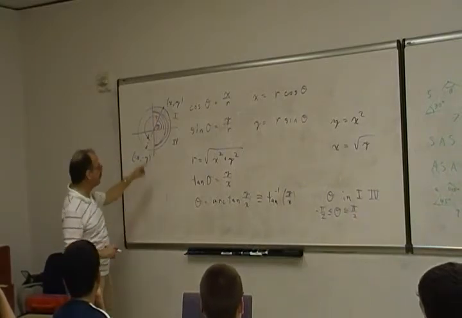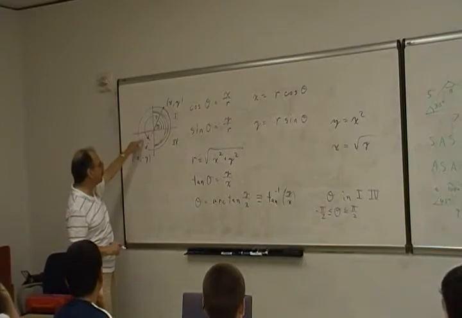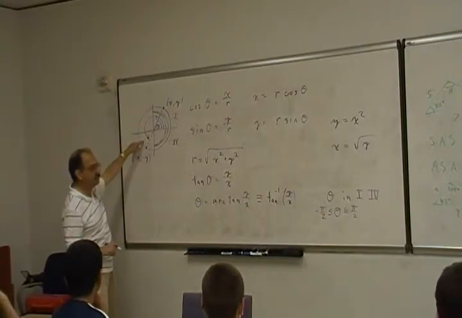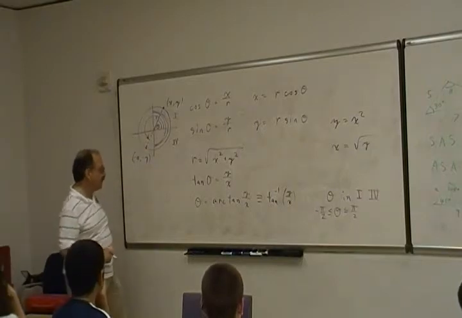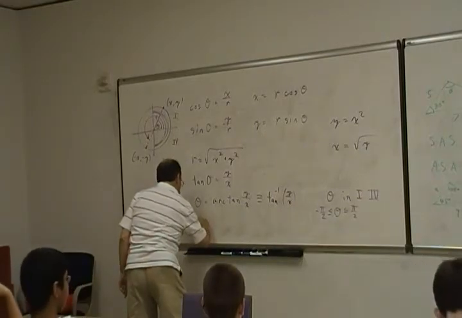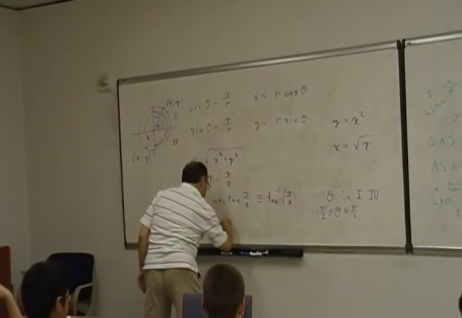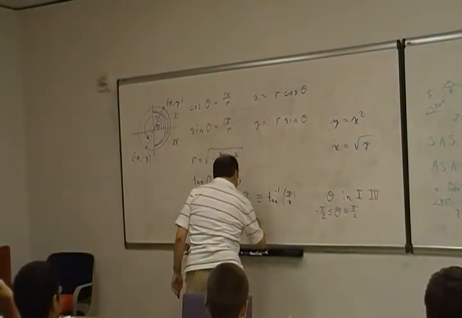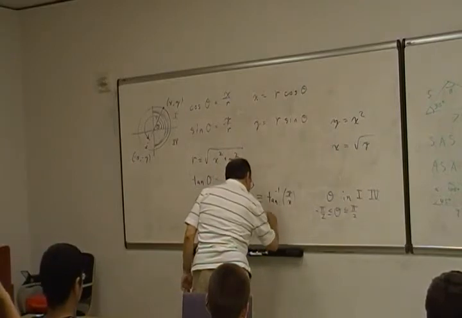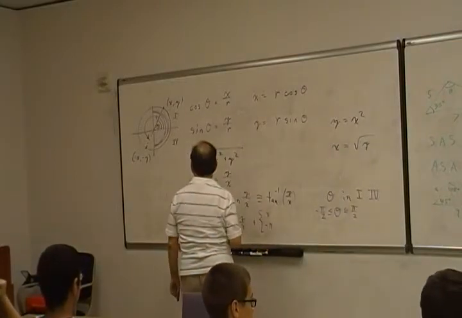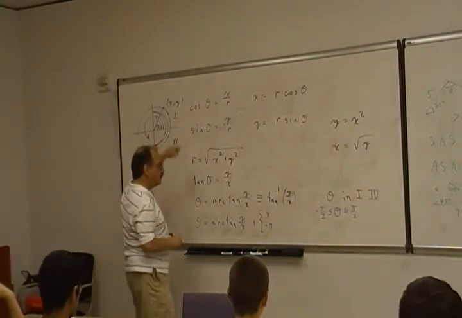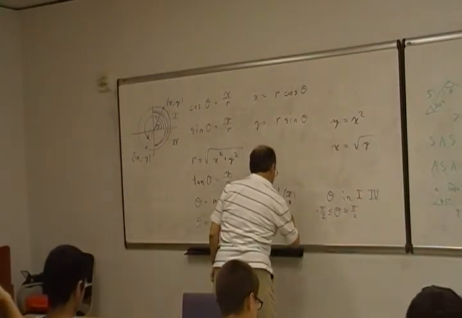If you want it in the second or third quadrants, then you have to either add pi or subtract pi. So theta is arctan of y over x plus pi or minus pi. If you're in quadrant 2, you add pi.